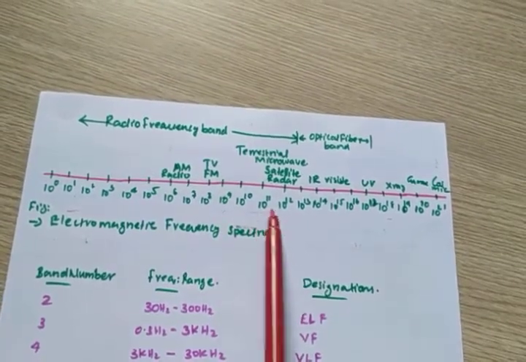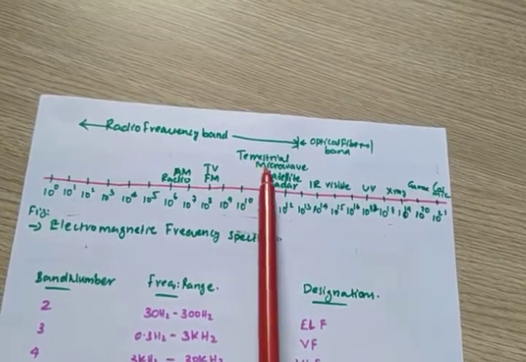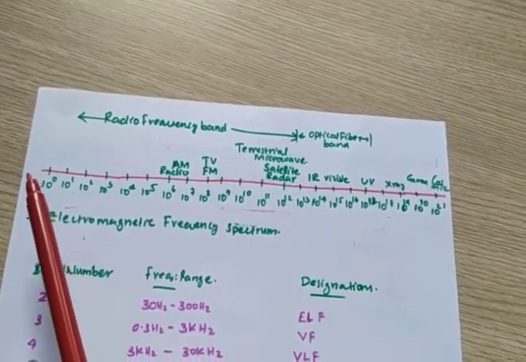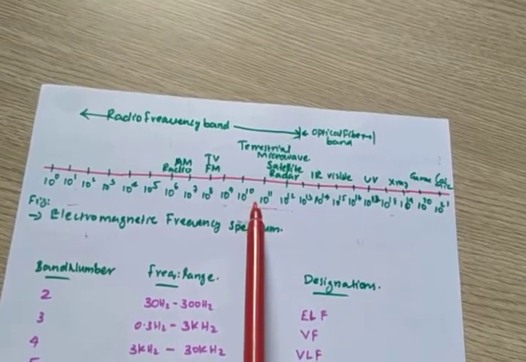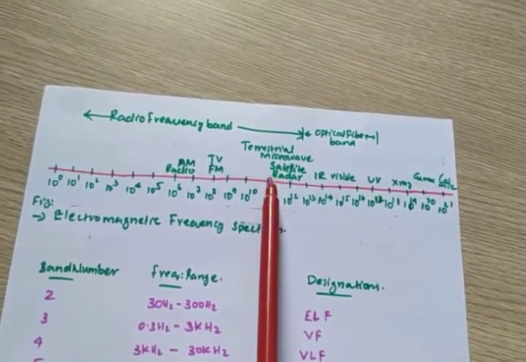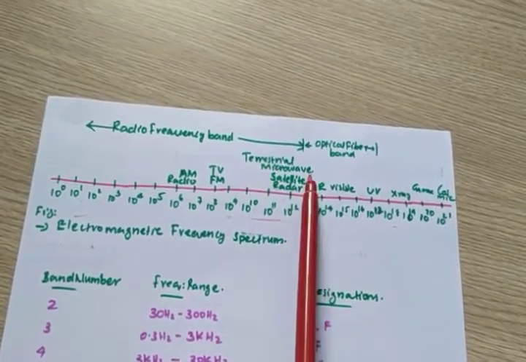Above 10 raised to 9, the gigahertz range, we call terrestrial microwave signals. Microwaves are tiny signals, micrometer range or millimeter wave signals. So this area comes under terrestrial microwaves.